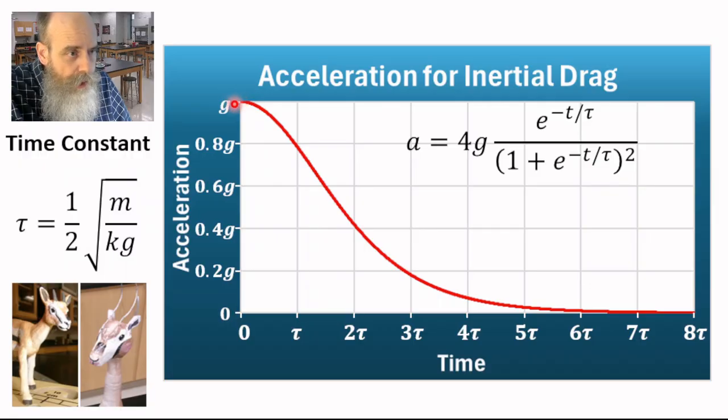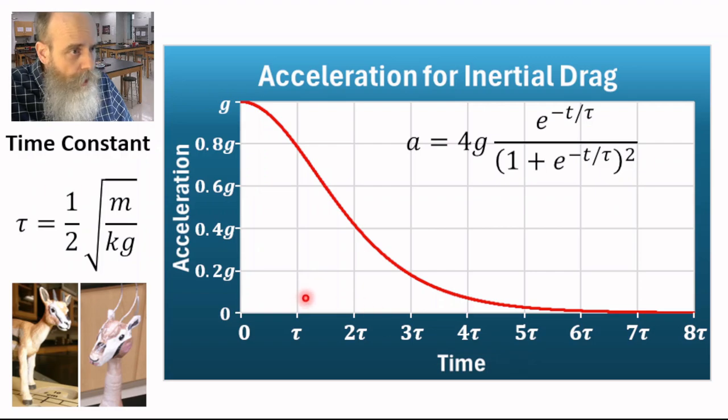It starts with a slope of 0, and it decreases as time increases. Initially, it is concave down. Then it becomes concave up, and it falls to 0. After a time of about 7 tau, it has reached steady state. Note that for viscous drag, it reached steady state after a time of 5 tau.